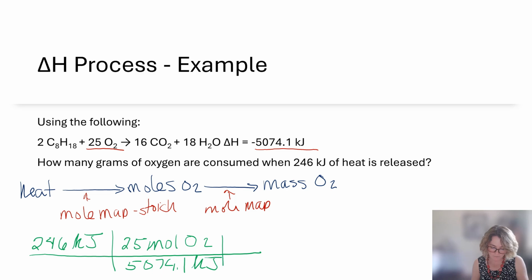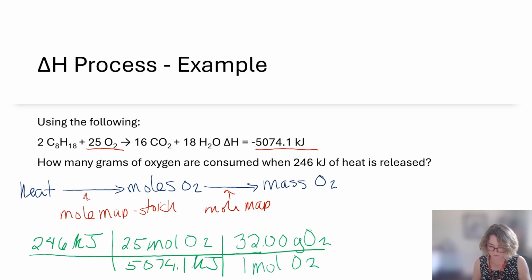Once I have completed this step, my last step is to then go on to finding my mass. And so to do this, I'm going to use the molar mass of oxygen. And I have 2 oxygen, so that's 32 grams of oxygen for every 1 mole of oxygen.